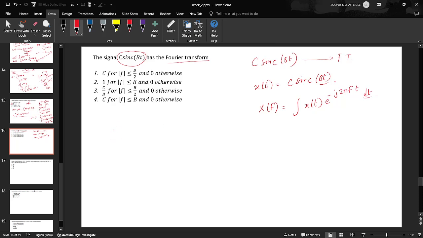Now let me write the sinc function here in terms of complex sinusoid. So sinc here is nothing but c sin pi b t divided by pi b t.